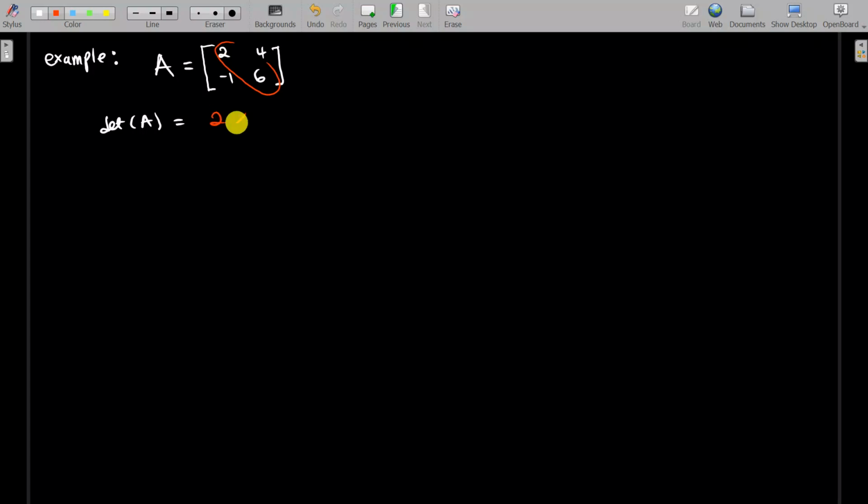So I have 2 times 6, and then minus -1 times 4, and this is going to be 8 minus 4, and that is 8 plus 4, which is 12. So the determinant of this 2 by 2 matrix is actually 12.